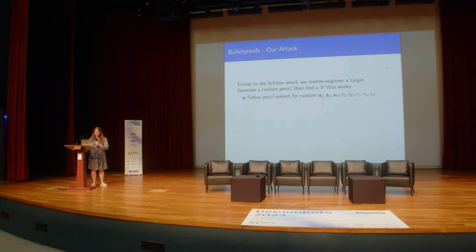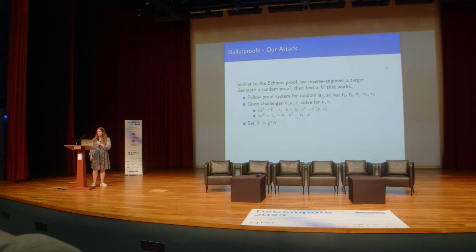We're going to pick randomly selected a sub l, s sub l, s sub r, t1, t2, tau 1, tau 2, tau x, and we're going to compute a whole bunch of values according to the actual proper protocol, the actual proof system. And that's going to generate 3 challenges, x, y, and z. And in the end, we wind up getting 2 simple equations, and we solve those to find our v and gamma values.